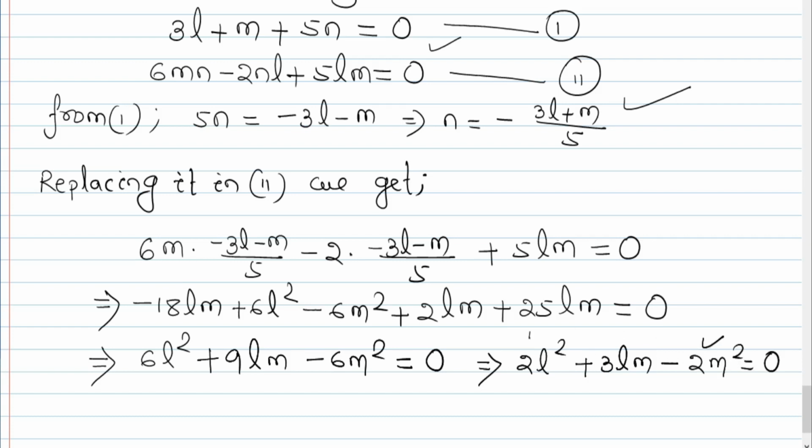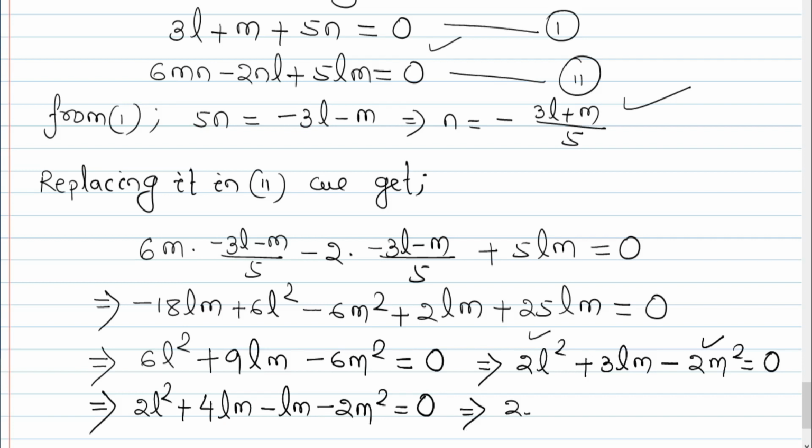So by middle term factorization, 2 times 2 is 4, 2l square plus 4lm minus lm minus 2m square is equal to 0. Taking 2l common, l plus 2m remains, minus m common, l plus 2m is equal to 0.